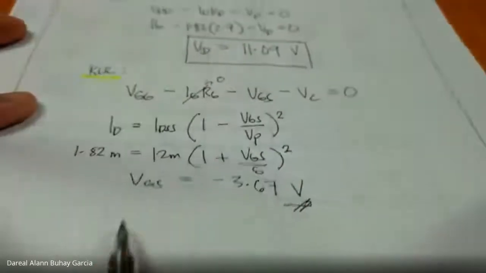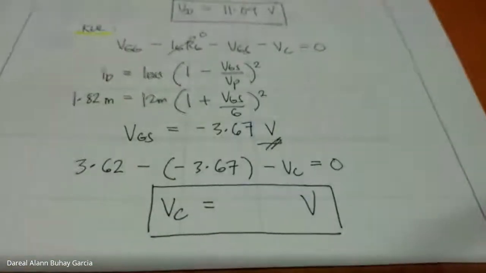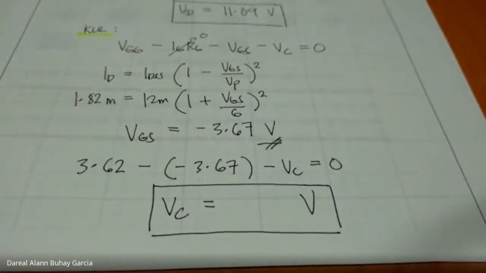So VGG is 3.62. 3.62 minus negative 3.67 minus VC equal to 0. Therefore, VC is equal to 3.62 plus 3.67, which is 7.29, or 7.3.